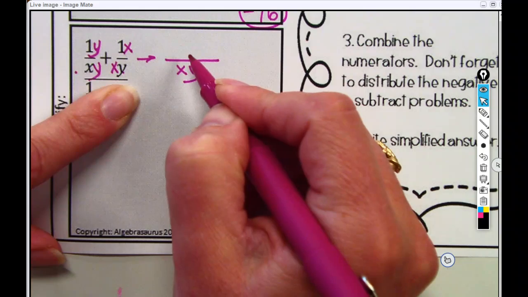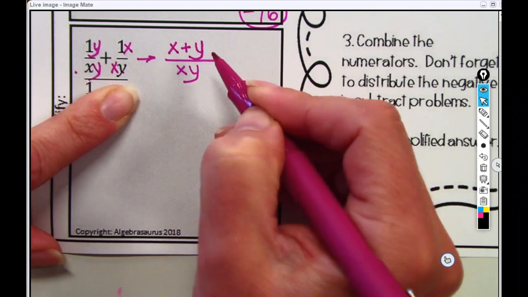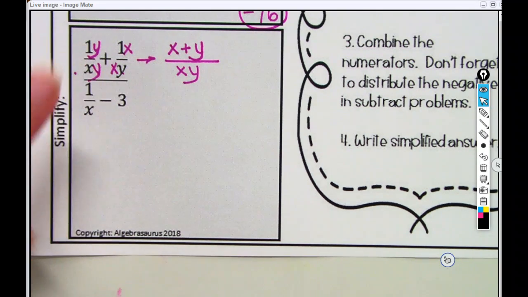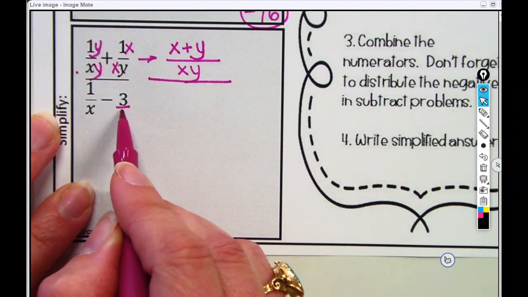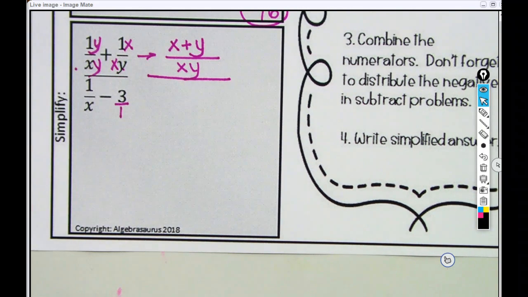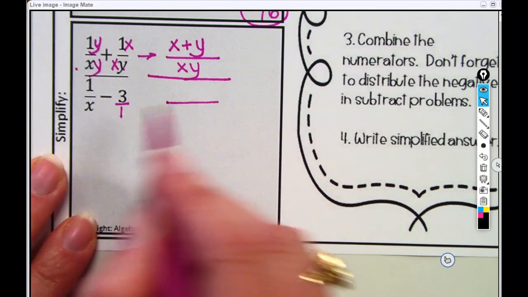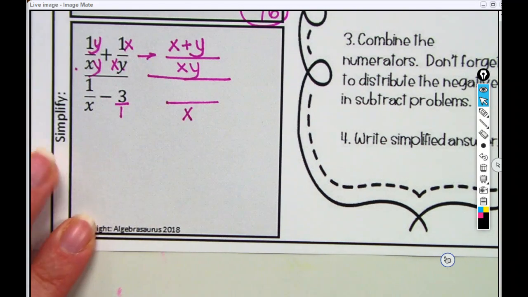Y plus x. Can I put x plus y? Is that going to make anybody cry? What if there had been a minus there? Could I have done that? No. Okay, now let's look at our bottom fraction. This is 3 over 1. So what would my common denominator be there? X and 1 both go into x.